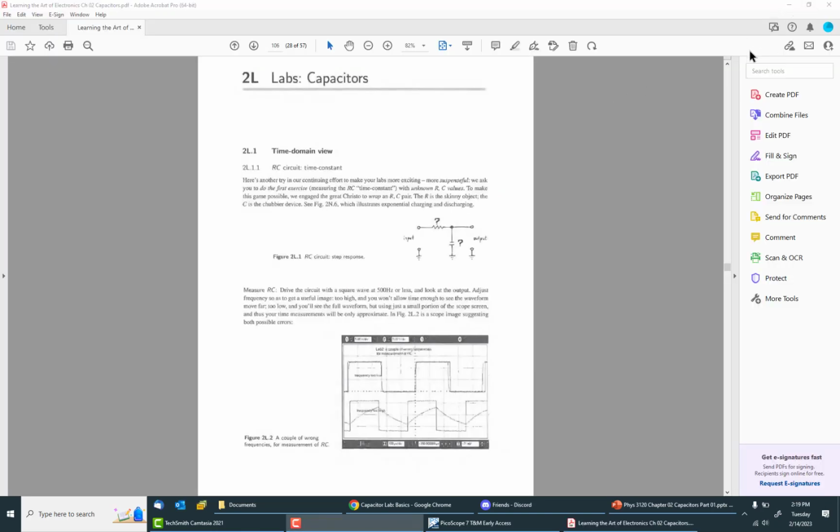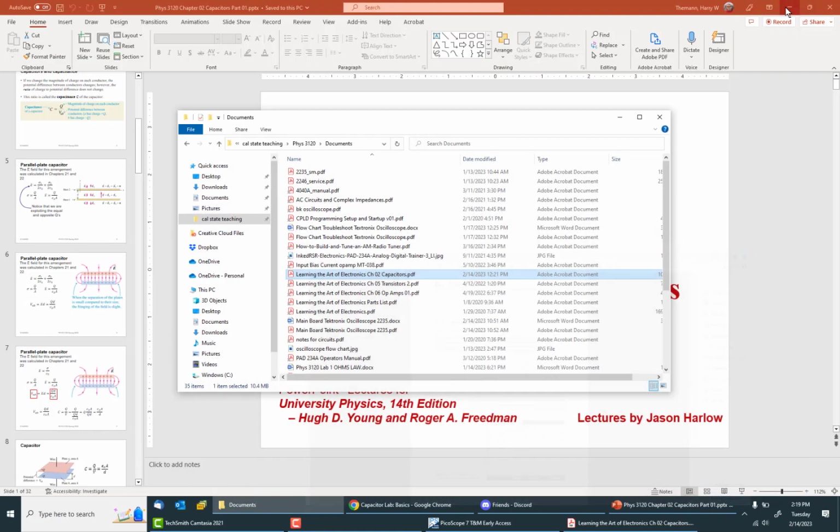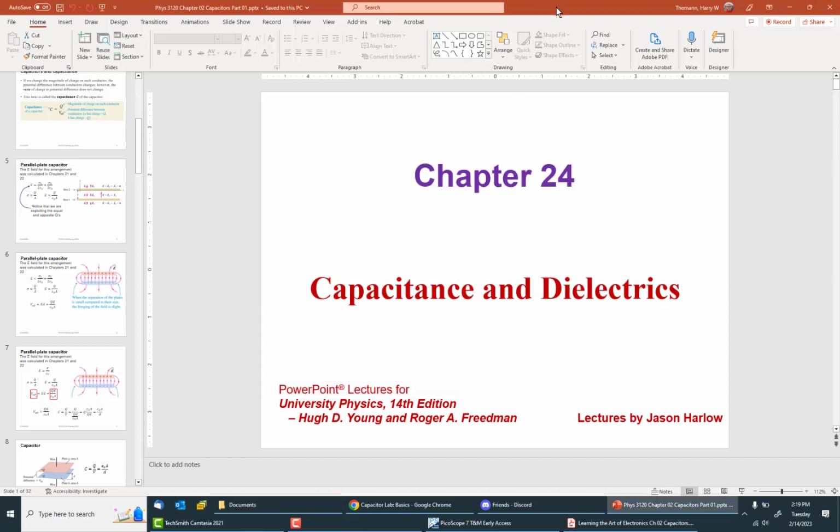Let's do a little talking about capacitors. So this is right out of the Physics 2200 textbook. Although I chopped it down a lot, this was one of my 2200 lectures.